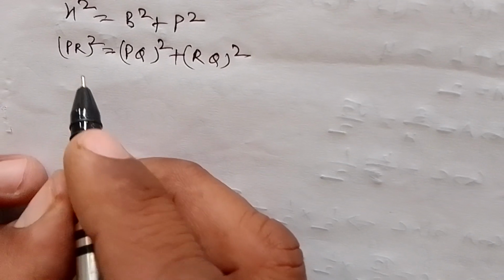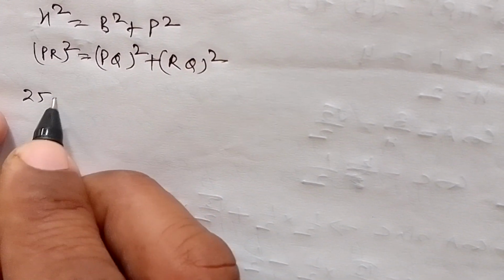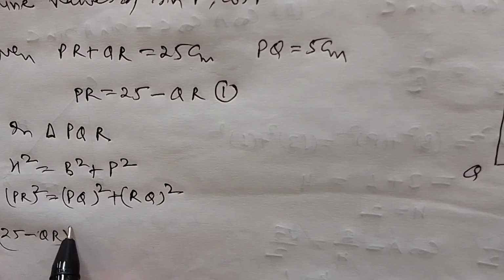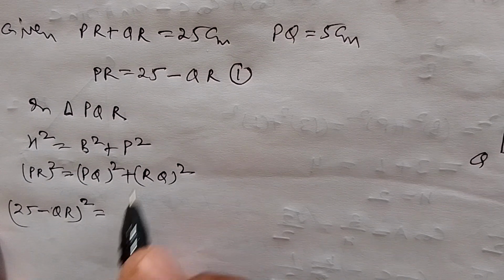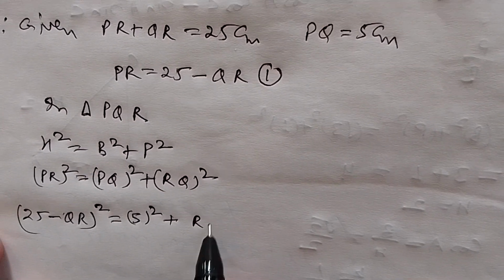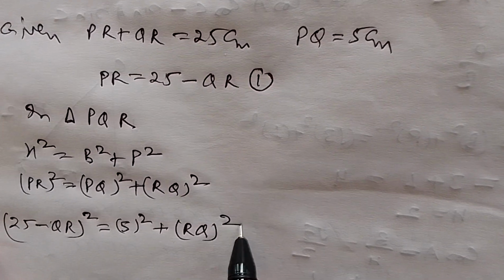As per given, PR is 25 minus QR from equation 1, square is equal to PQ square, which is 5 square, plus RQ square.